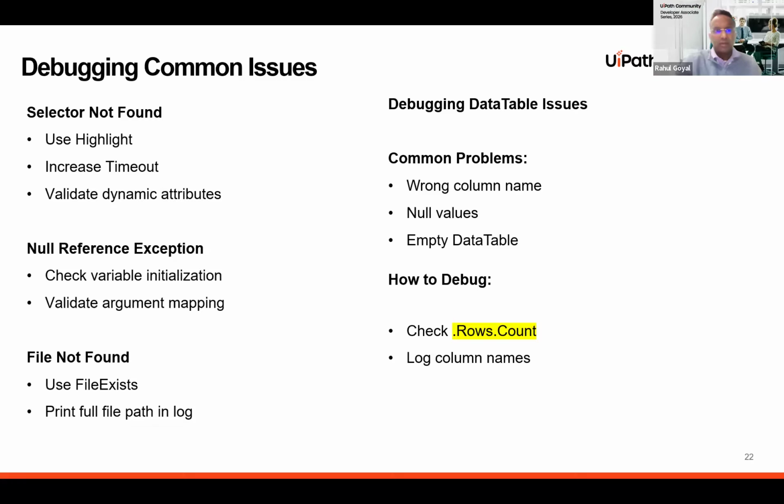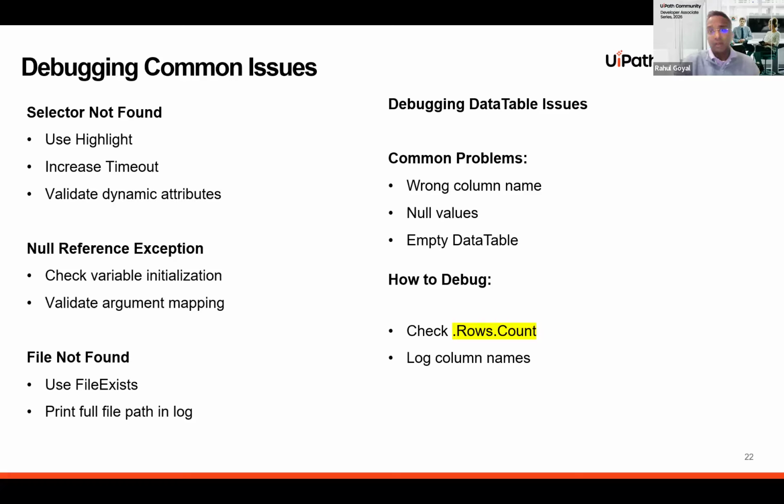If it's database access, it could be that one of the recent upgrades changed the column name, and now your bot is not finding that column name. How do I debug that? What is the reason? It could be null values, or the data table itself is empty.